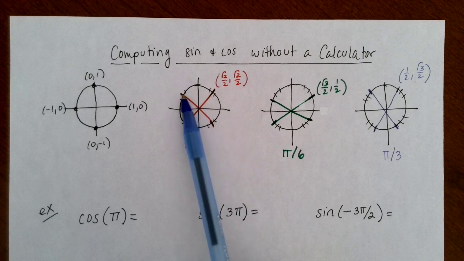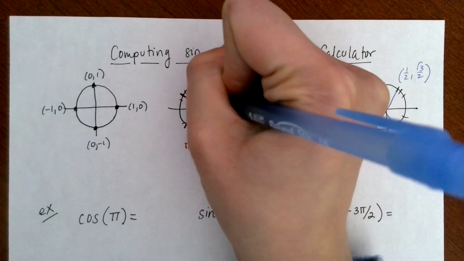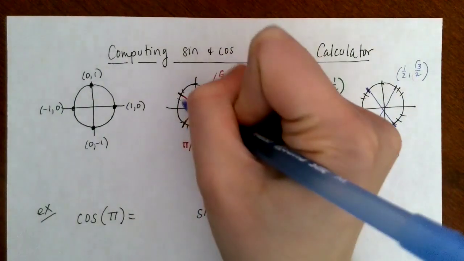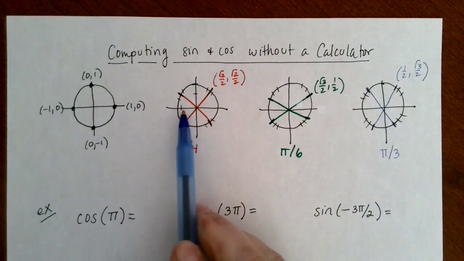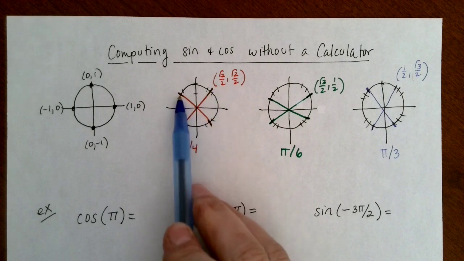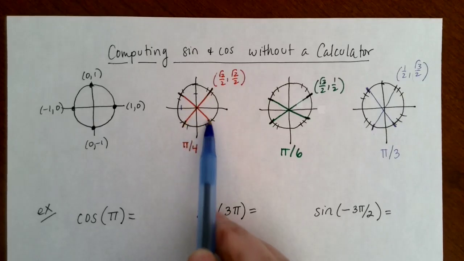Over here, the y value is up here, so that's positive, but the x value is to the left of the y-axis, so it's negative. So this would be -√2/2, comma, √2/2. Down here, your x and y coordinates are both negative, and here the y's are negative but the x's are positive.